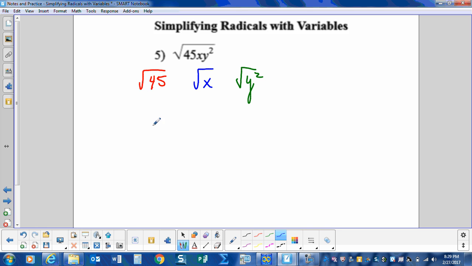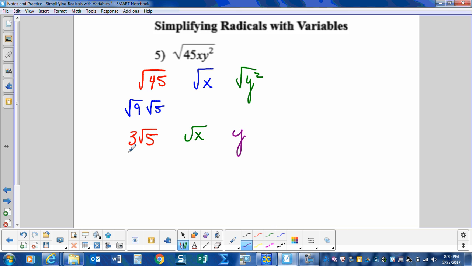So 45 can be written as the square root of 9 times the square root of 5, which is 3 square roots of 5. So that's our number. The square root of x, well, there's no pairs under there, so it's just the square root of x. And the square root of y squared, well, 2 divided by 2 is 1 with none left over, so I have a y.